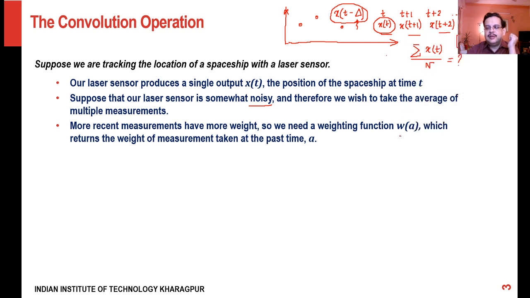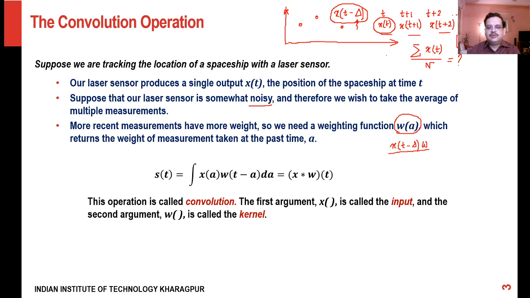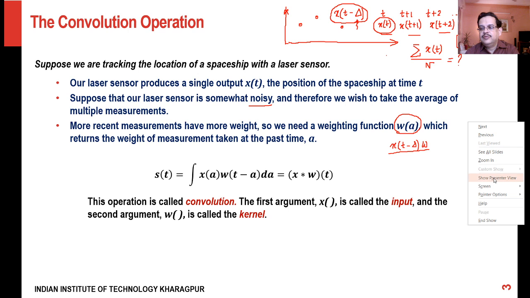The weighting function w(a) that you see here is a function which will ensure that if I look at x(t minus delta), where delta is large, then the corresponding w will be very small, so that this term will have negligible influence on the present position of the spacecraft.